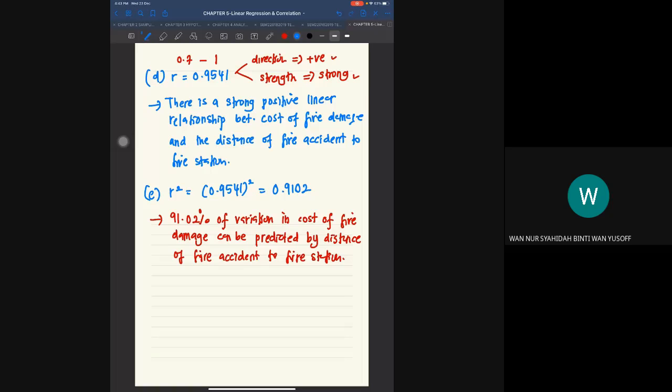So variation is very important. If there is no variation, there are no marks, because that's what coefficient of determination means. So in general, this is your Y, can be predicted by X. This is your X.